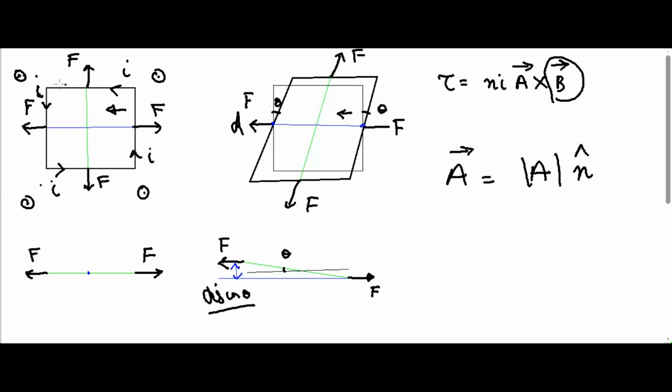The normal to this area is a line which is either coming out of your screen or going inside the screen. So there are two possible normal directions.